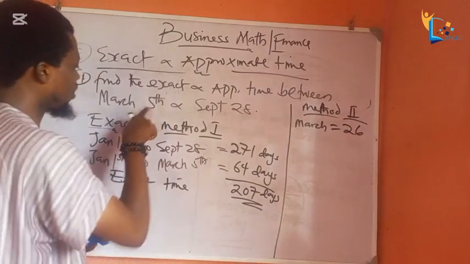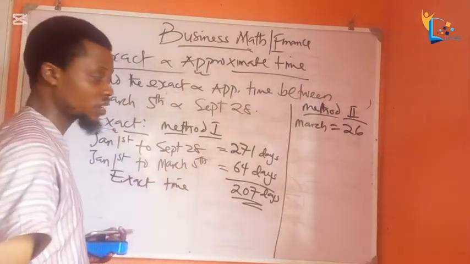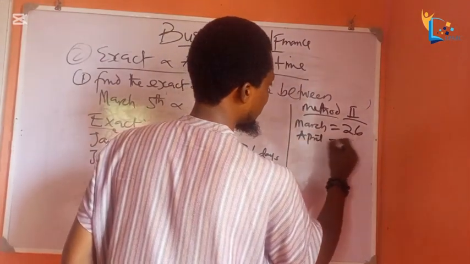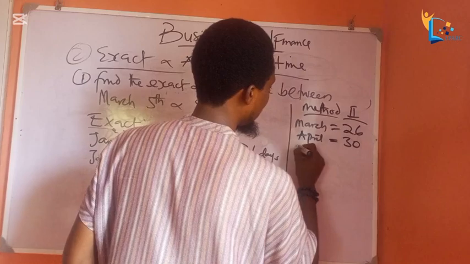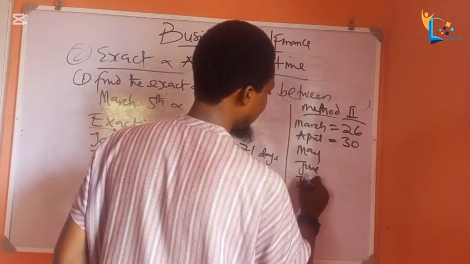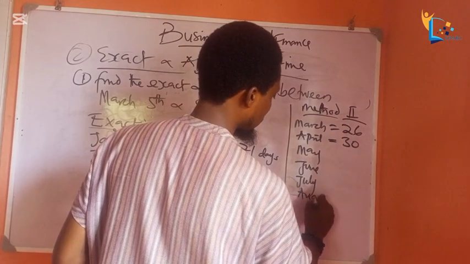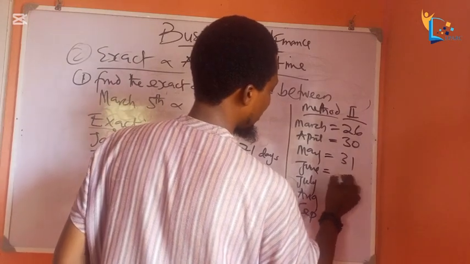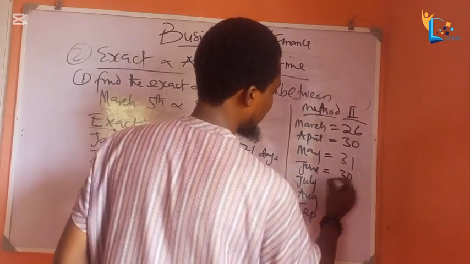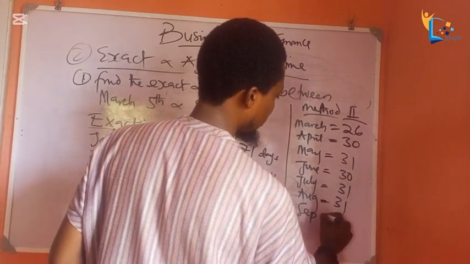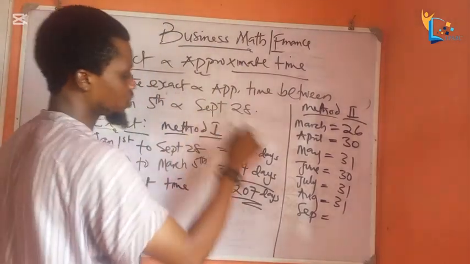Because 26 plus 5 will give us 31 days. March is 31 days. April is 30 days. May is 31 days. June is 30 days. July is 31 days. August is 31. September is 28.